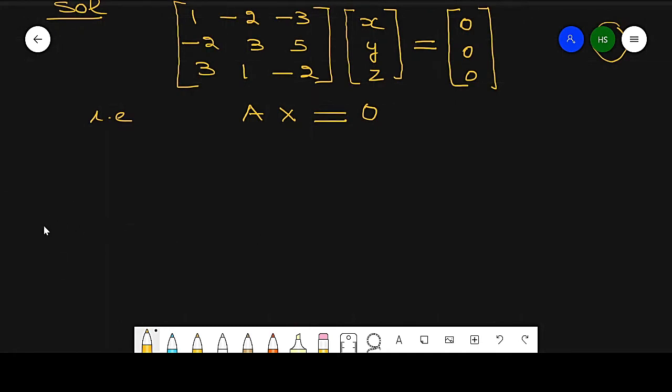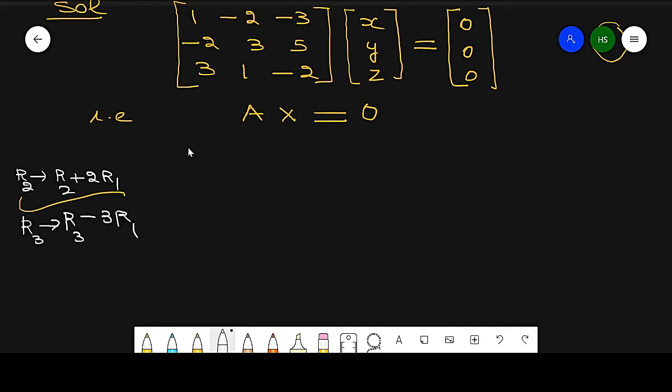Now, in order to reduce it to row reduced echelon form, I use R2 to be R2 plus 2R1, and R3 to be R3 minus 3R1. So this will become: first row same, 1 minus 2 minus 3.